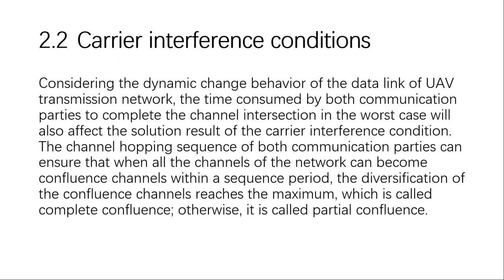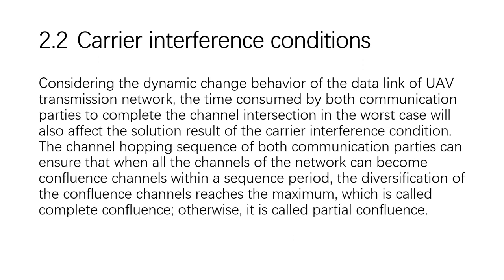2.2 Carrier interface condition. Considering the dynamic change behaviors of data link of UAV transmission network, the time consumed by both communication paths to complete the channel intersection in the worst case will also affect the solution result of the carrier interface condition.